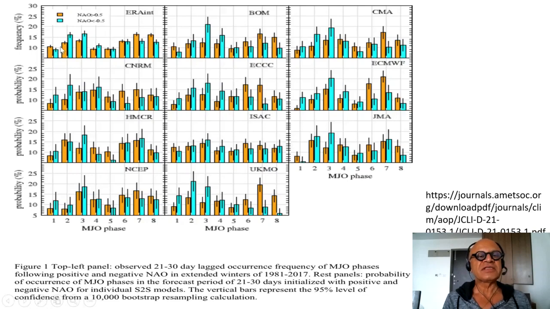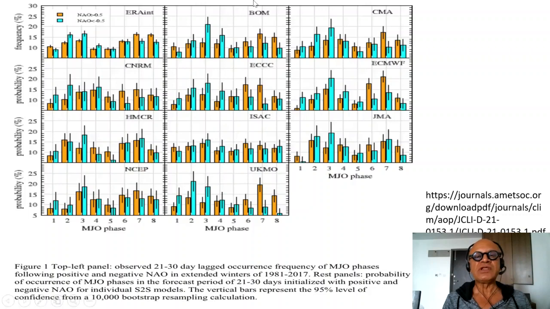So you can see that there is clearly a dependence on the strength of the NAO for some of the phases, phase 2 and 3 here, and maybe 5 and 6, and you remember where the convection sits based on the phase of the MJO.